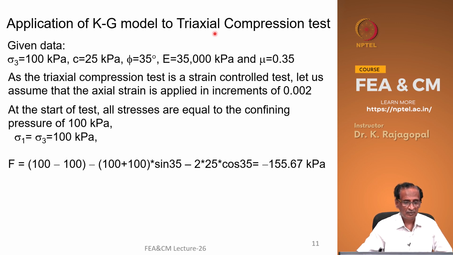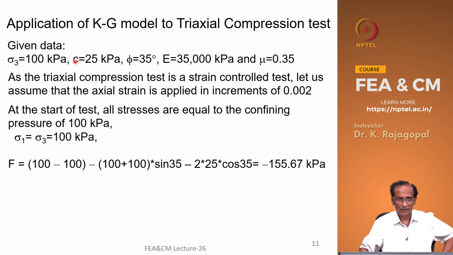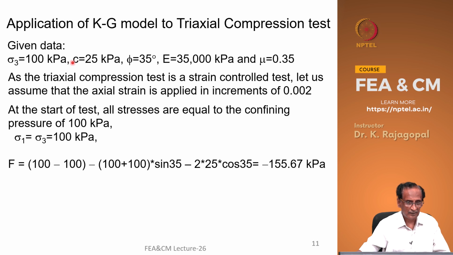Okay. Let us take the triaxial compression test performed at a confining pressure sigma 3 of 100 kPa, and let our cohesive strength be 25 and the friction angle be 35 degrees, and our Young's modulus is 35,000, and the Poisson's ratio is 0.35.